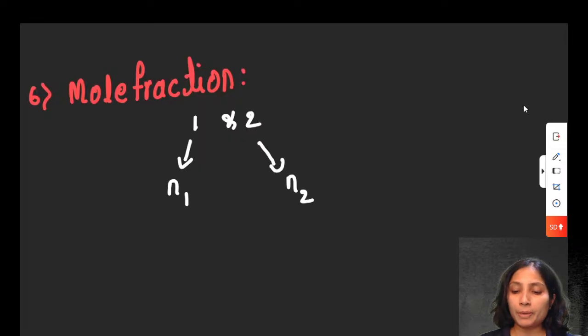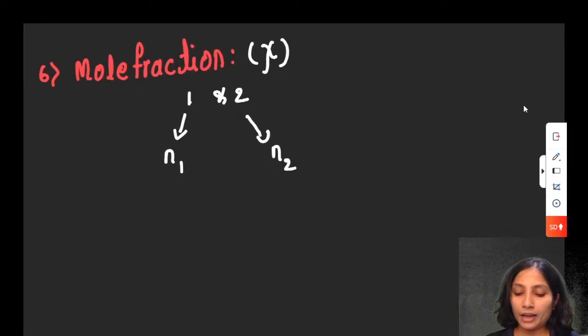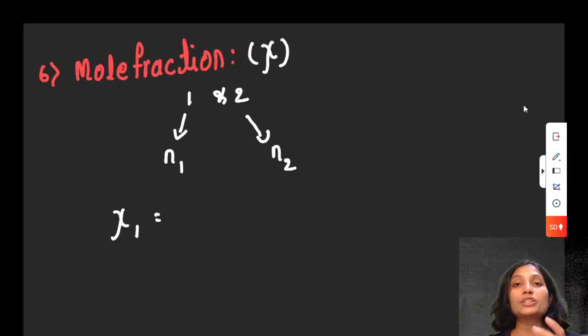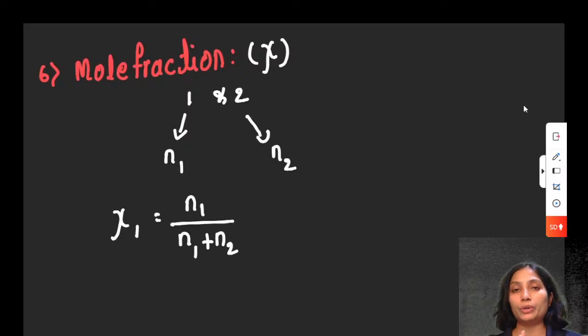Mole fraction is represented by the symbol chi, and the mole fraction of the first component is the number of moles of the first component divided by the total number of moles of all the components present, N1 plus N2, since we have only two components here. If we have three components, then N1 plus N2 plus N3, like that.